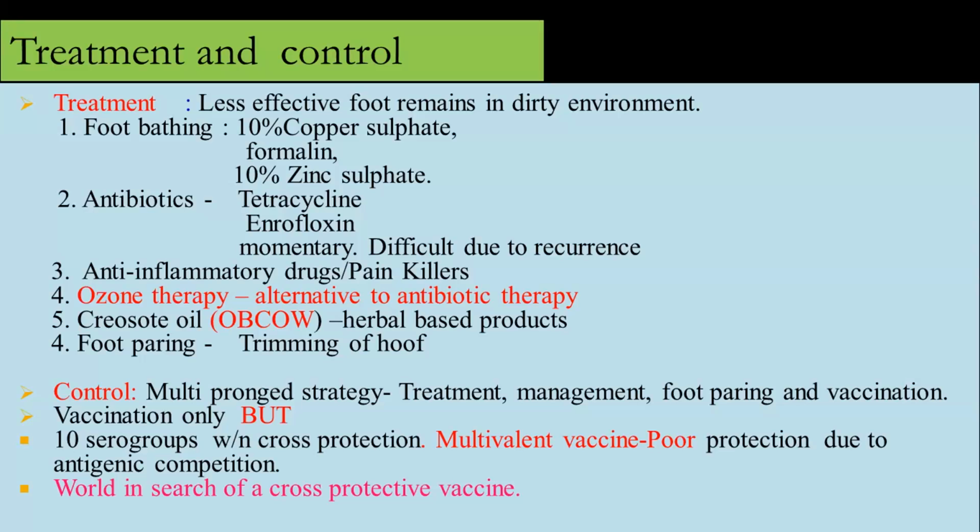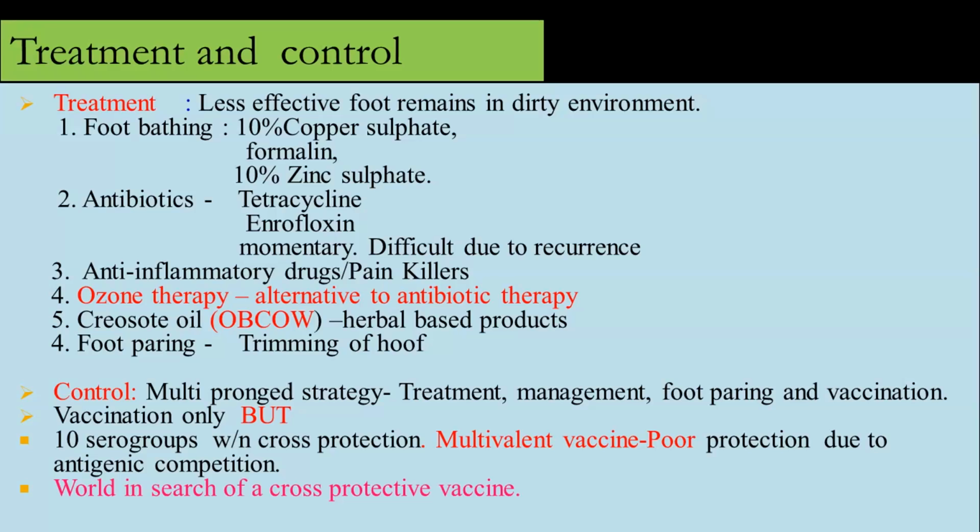So it also helps in the prevention and treatment of foot rot. Now coming to the control, we know that it's a multi-pronged strategy. This treatment and management aspect is there. Paring, which I discussed: we have to trim the hooves, and it will improve the penetration of the antibiotics and expose the tissue to oxygen, and that will kill the organism.